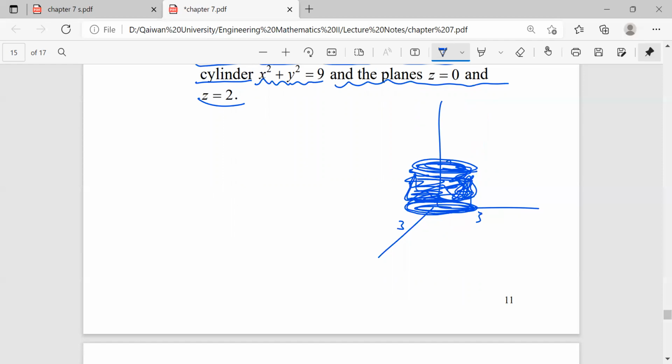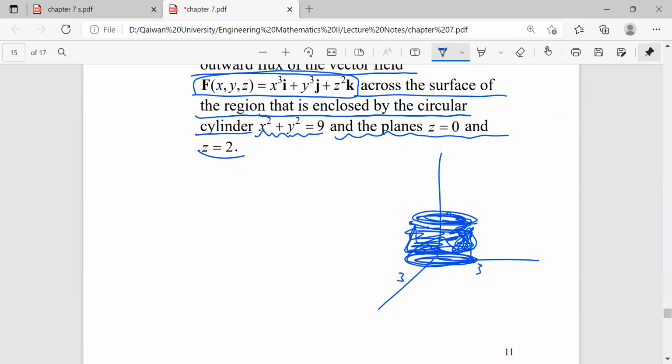It's cylindrical: x squared plus y squared equals 9 is a circle over the xy plane, and then we extend it in the direction of the z axis. It's bounded by z equals 0, which is the xy plane, and z equals 2. So the surface is this one.